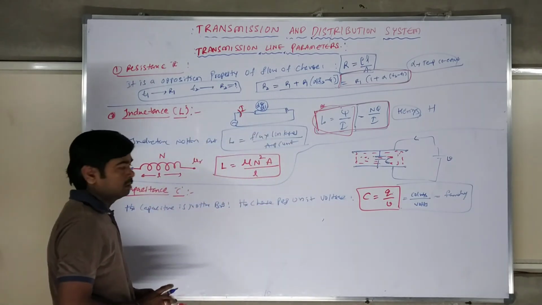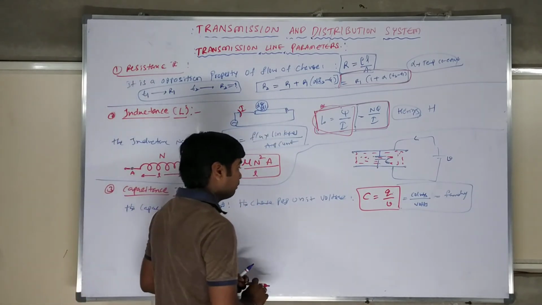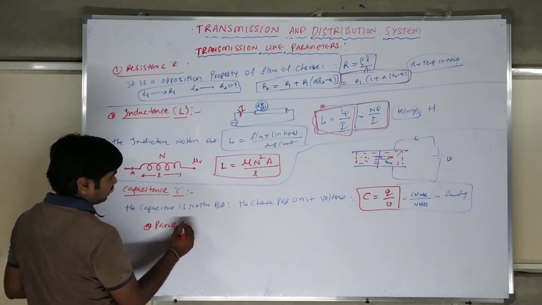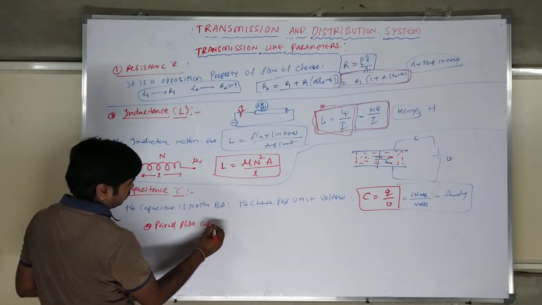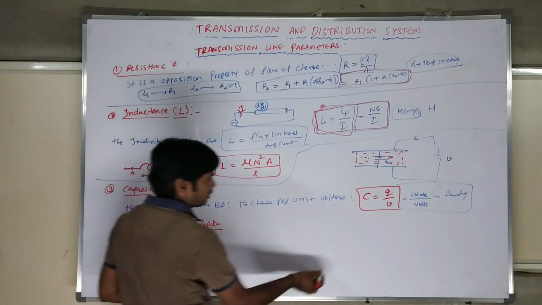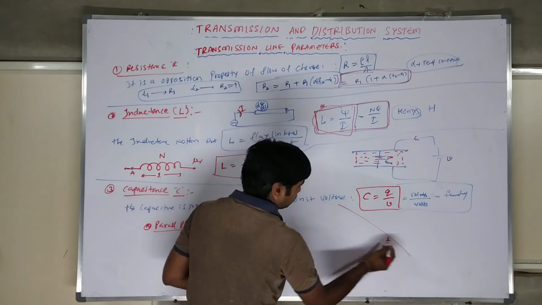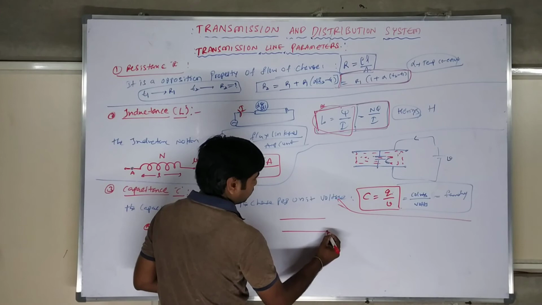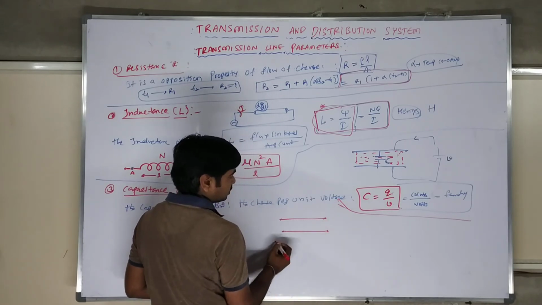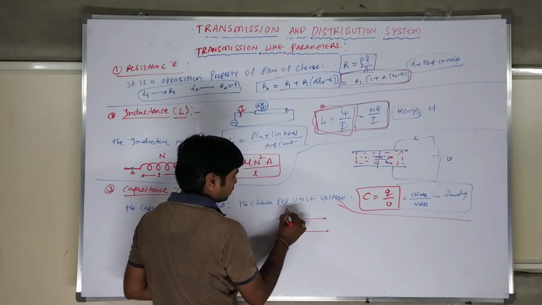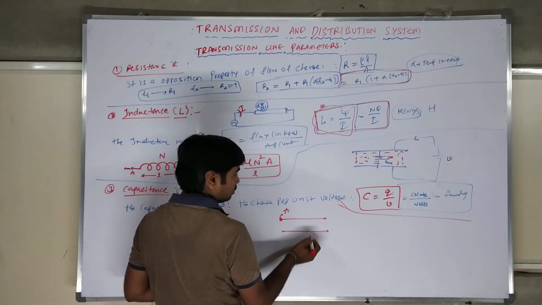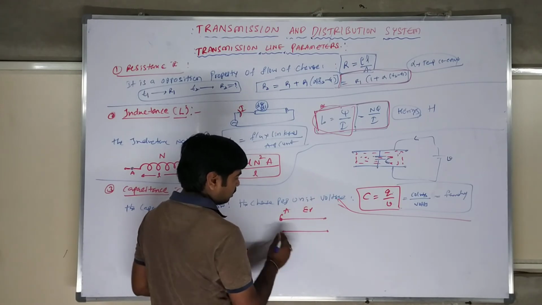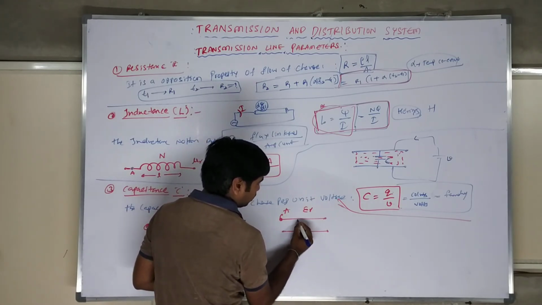We already know the parallel plate capacitor formula. A parallel plate capacitor means two plates of a capacitor like this. Each plate has a cross-sectional area A. The permittivity of the material is epsilon, and the distance between the two plates is small d.